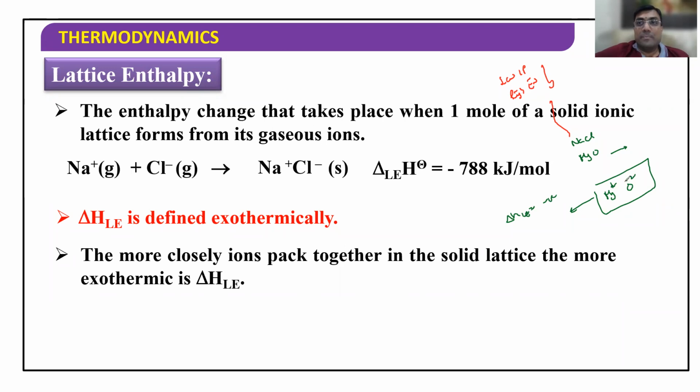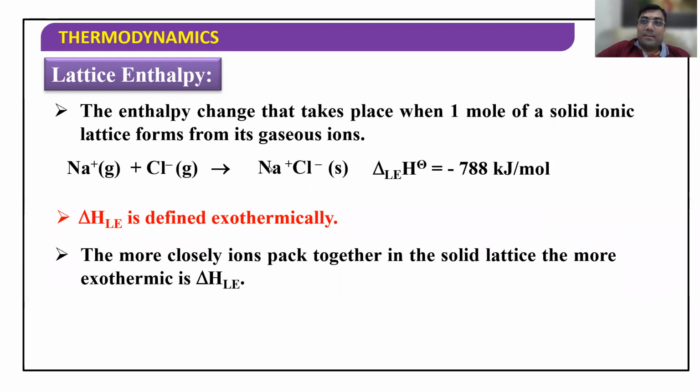The factors influencing ease of formation are low IP and high electronegativity. Na and Mg, which is having low IP? Na only. So low IP, high EN. These two are different: ease of formation of ionic bond is different from strength of ionic bond.